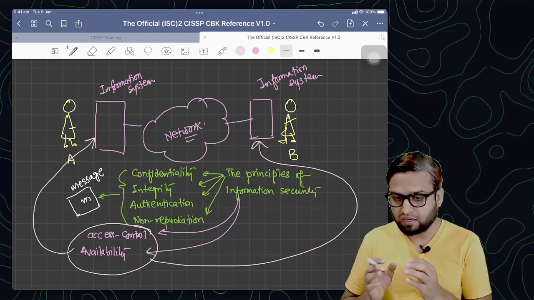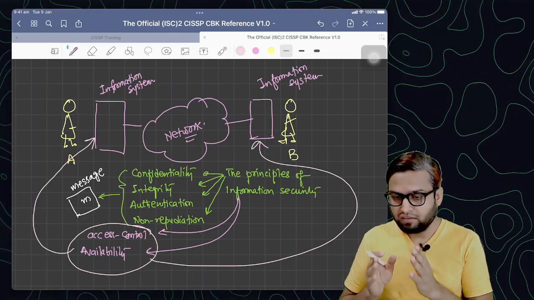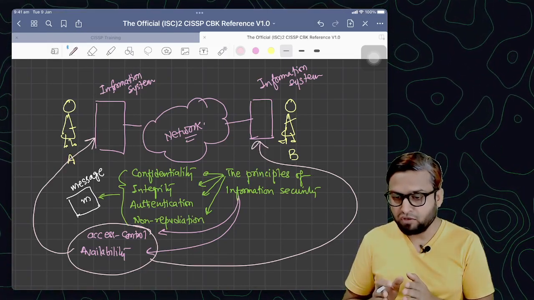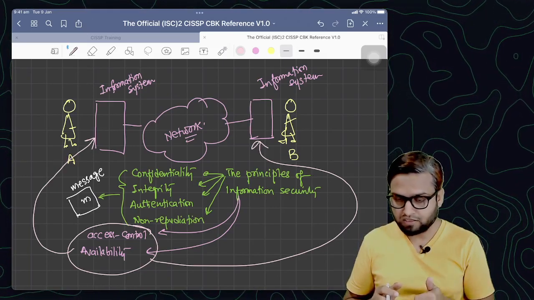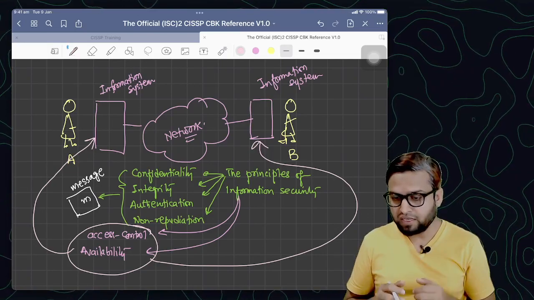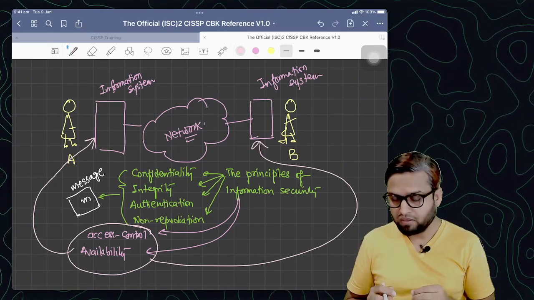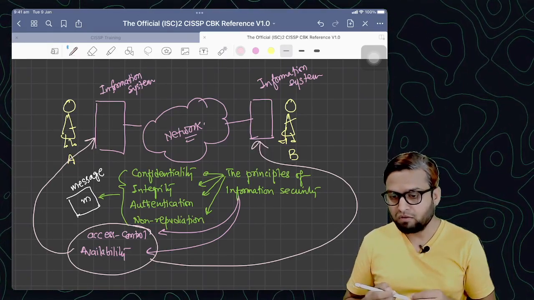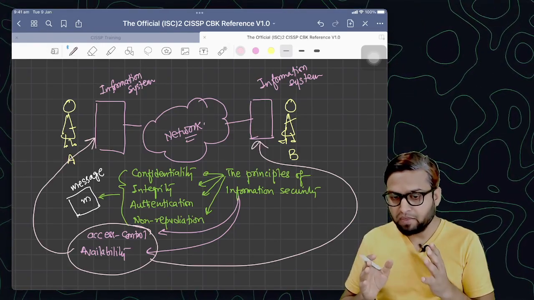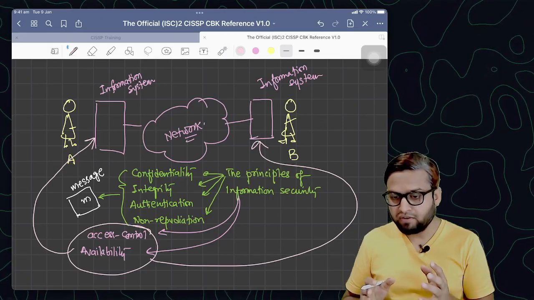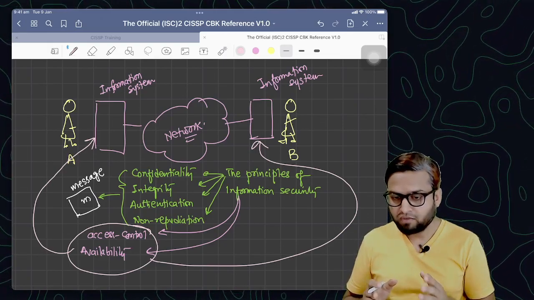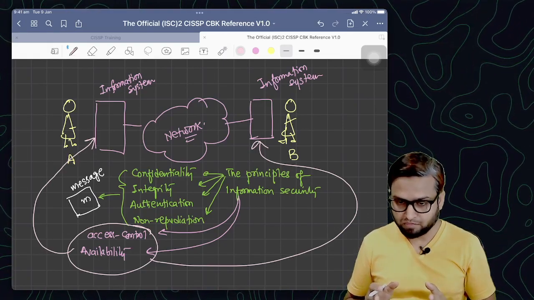Authentication is a principle which says that the receiver should be able to verify the identity of the sender. Non-repudiation is a mechanism, stated in the principle, wherein the message sent by A to B should be such that A will not be able to repudiate or deny that I have sent the message.